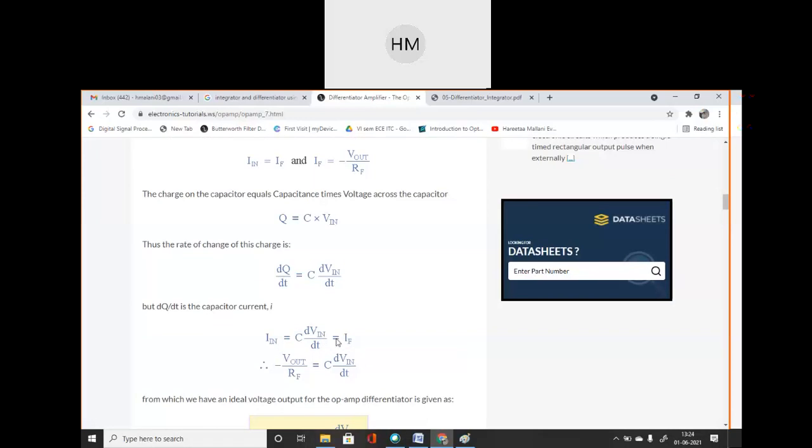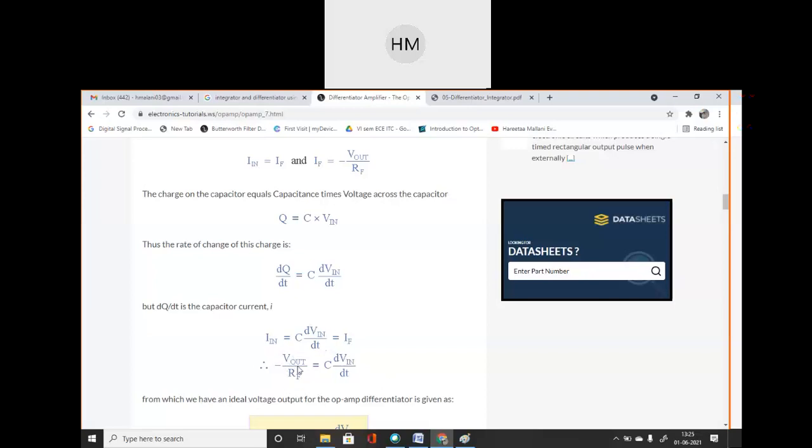Now what I can write here? C dV in by dt. What is my IF? You can see in this equation, IF is equal to minus V out upon RF. So I have substituted this term over here and I got this equation.